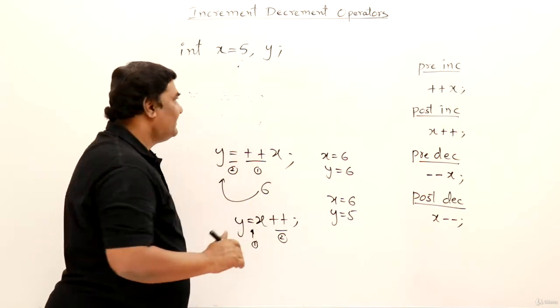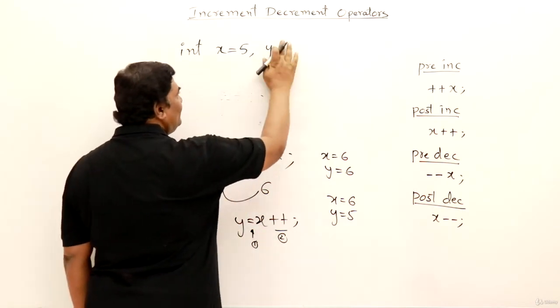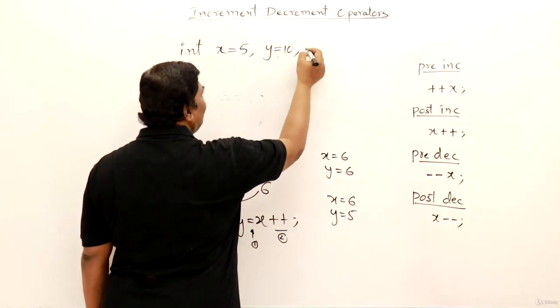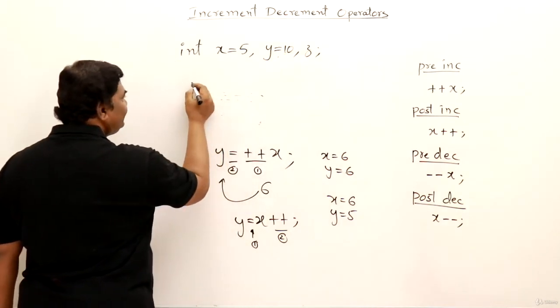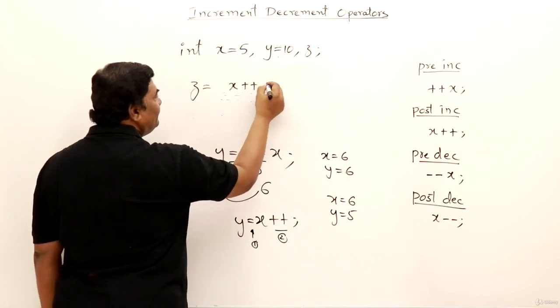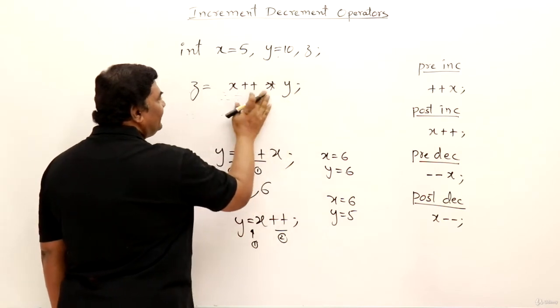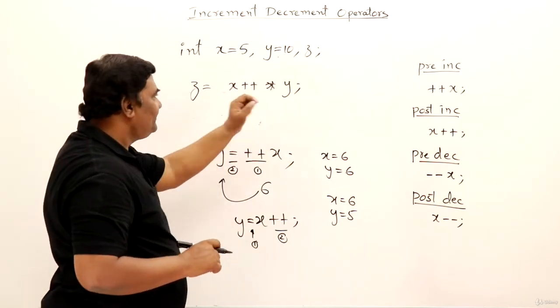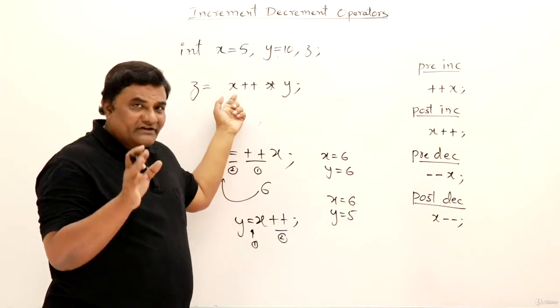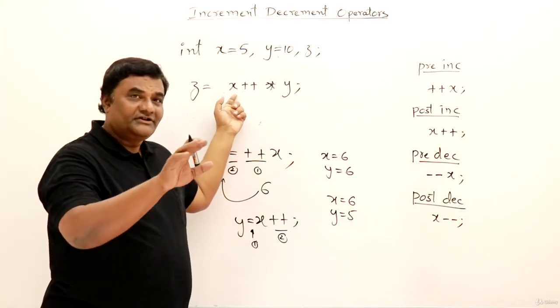I'll show you one more example. See, suppose I have some more variables like y is also there, y is having value 10 and z is also there. So if I say z assign x plus plus multiplied by y. So actually x and y has to be multiplied, but x should also be incremented. So first increment is done or afterwards it is done.